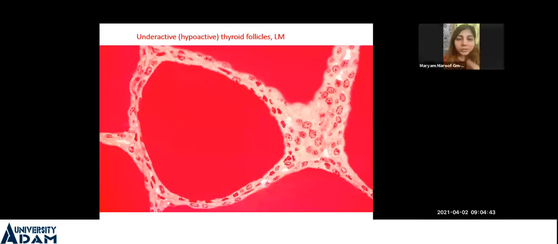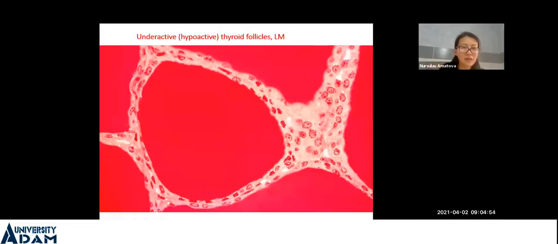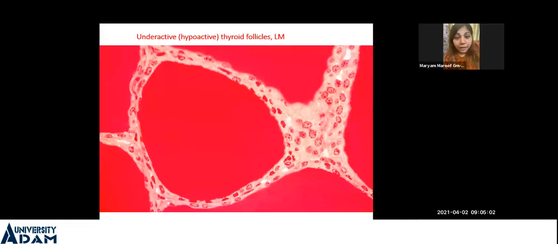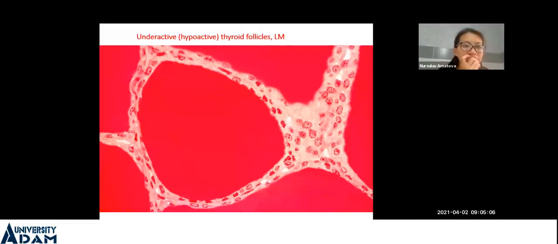Hyperactive thyroid follicles. If we see hyperactive thyroid follicles, it means more TSH. Is it active or not? Active. Why? Yes, ma'am. Active, hypoactive, ma'am.